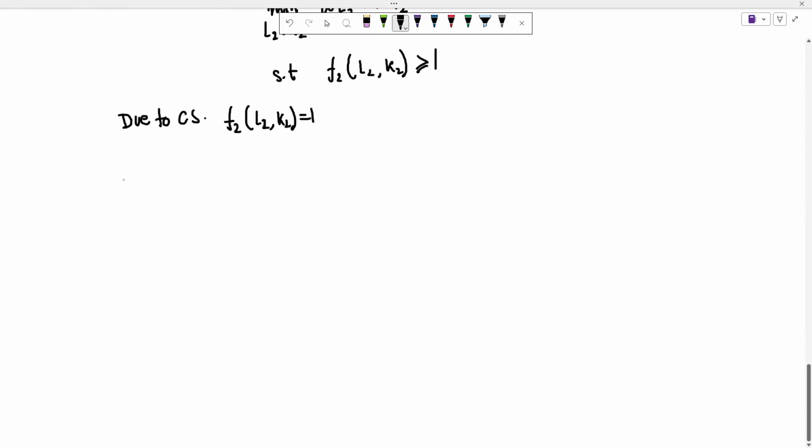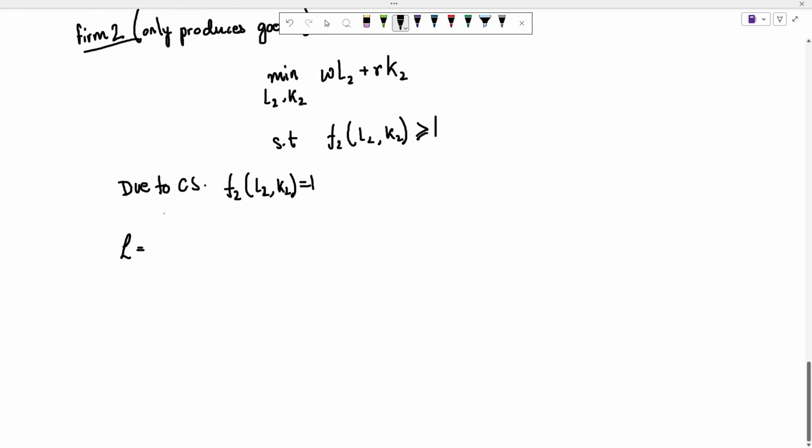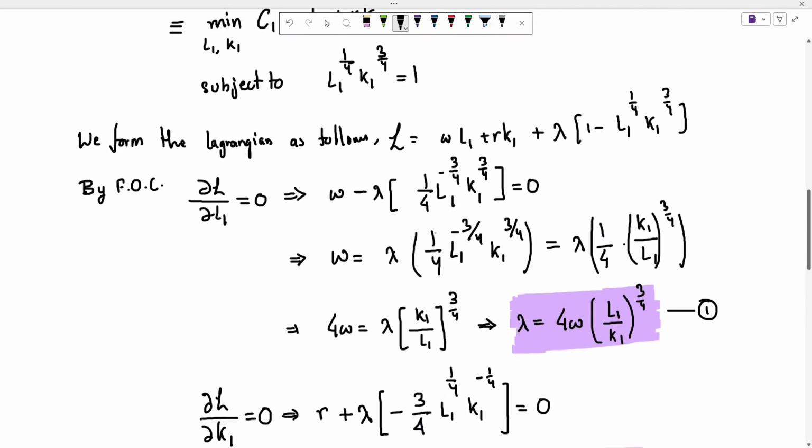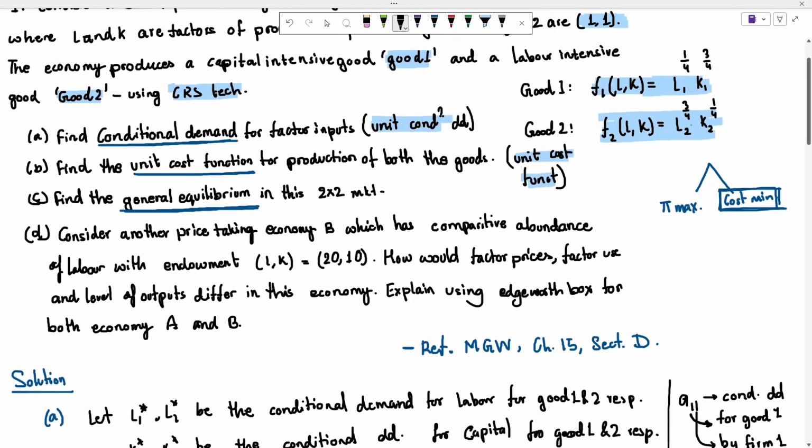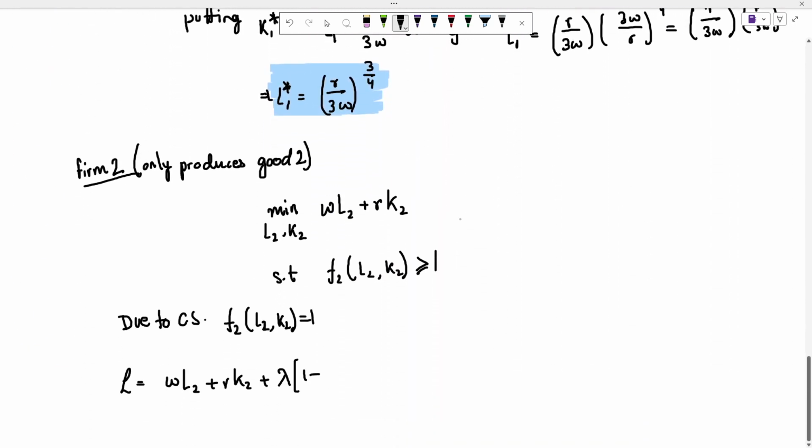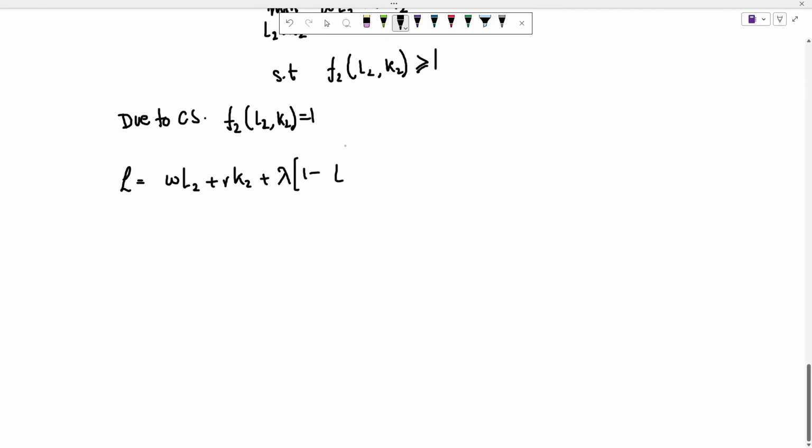We'll form the Lagrangian as follows. It would be L W2 plus R K2 plus lambda times 1 minus L to the power 3 by 4, K to the power 1 by 4, this is for firm 2.